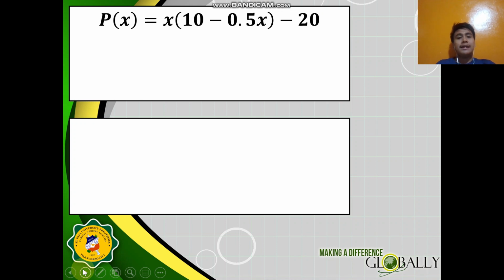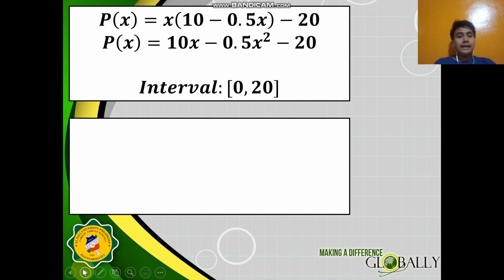So let's rewrite our equation. P of x is equal to x times the quantity 10 minus 0.5x, minus 20. By multiplying this, we obtain 10x minus 0.5x squared minus 20. And where did we get that our interval is 0 to 20?